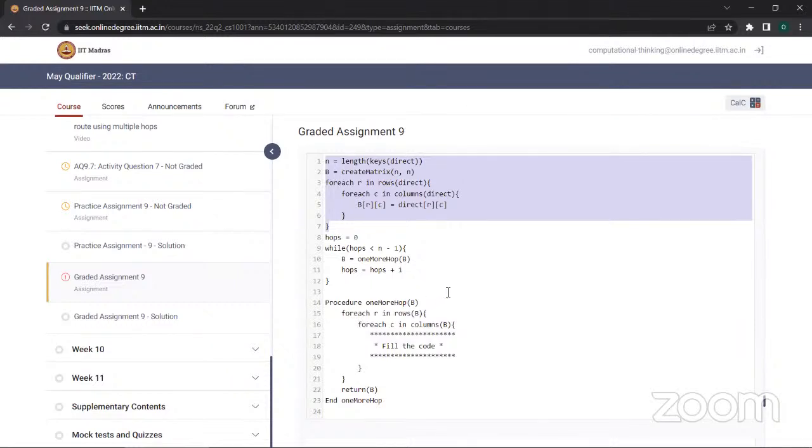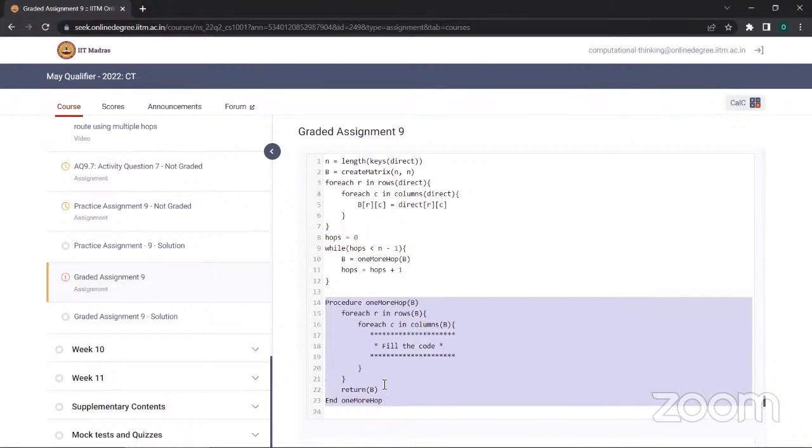As we said, there is no direct path from B to C. But A to B is there, A to C is there, and also B to A and C to A. So you can go from B to C via A. You can take a train from B to A, change trains, and then take another train from A to C, and you will reach C. For that to happen, we are computing this.